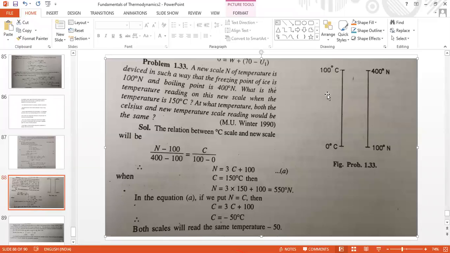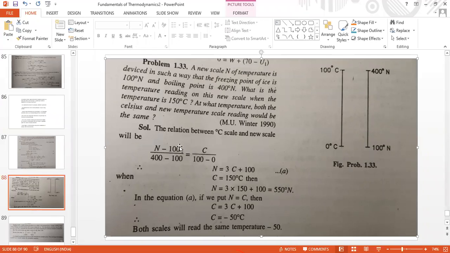For a difference of 100 minus 0 on our scale, the new scale difference is 400 minus 100. That means (100 minus 0) divided by (400 minus 100) is equal to, you can write like this, the actual Celsius scale divided by the new scale.